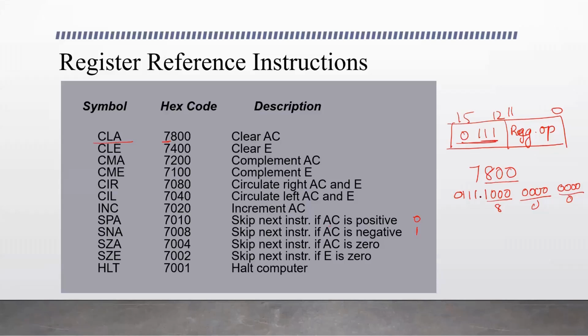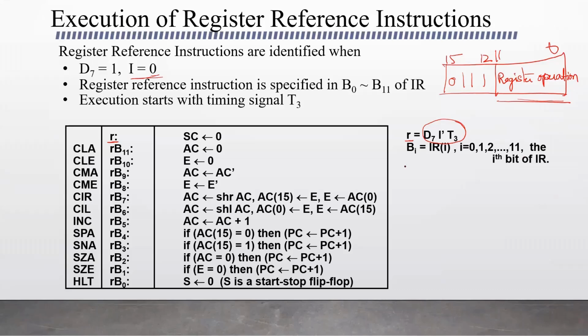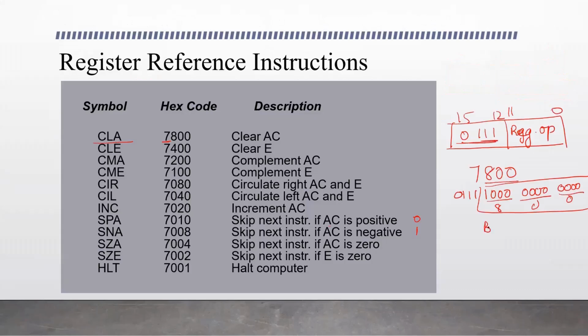So we take this register operation, the 12 bits, 0 to 11, and Bi is IR(i), the ith bit from the instruction register, from 0 to 11, denoted as Bi here. For the first operation, I is 11, because this particular bit is 1, it is the 11th position, correct? The 11th bit is 1. So it is B11, where i is equal to 11.